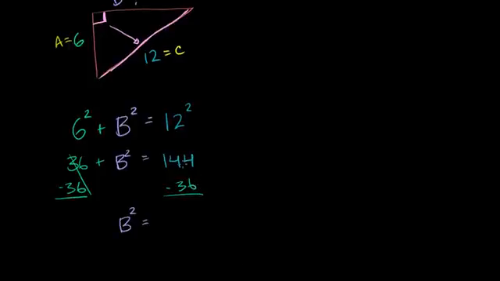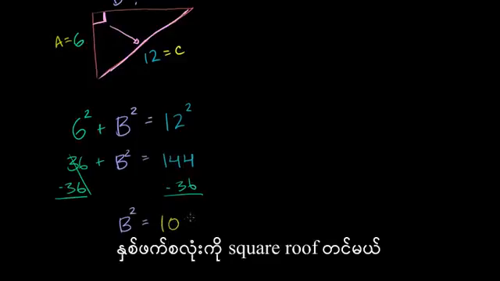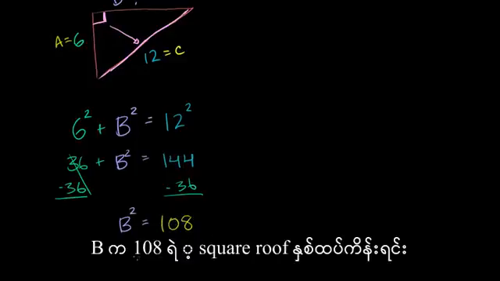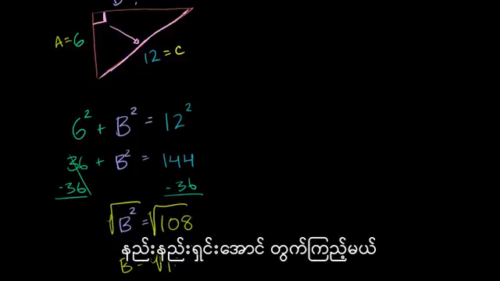That is 144 minus 30 is 114, and then you subtract 6 is 108. So this is going to be 108. So that's what b squared is. And now we want to take the principal root, or the positive root, of both sides. And you get b is equal to the square root, the principal root of 108.